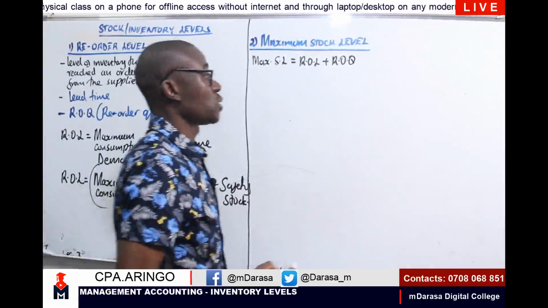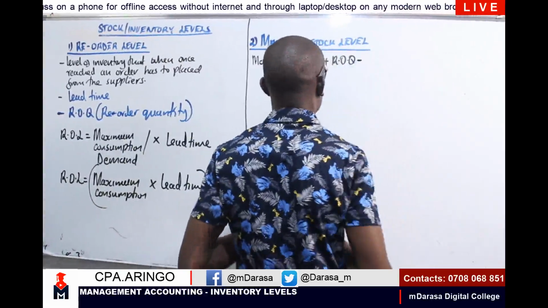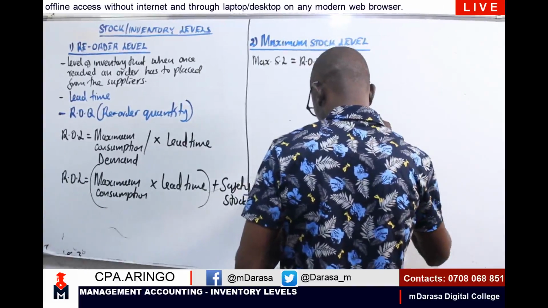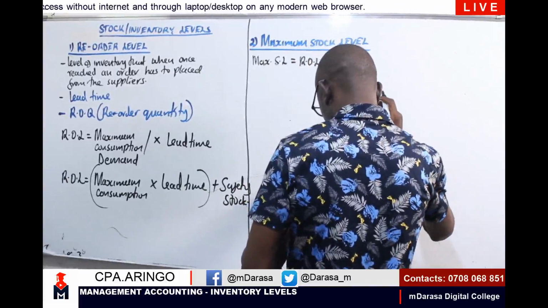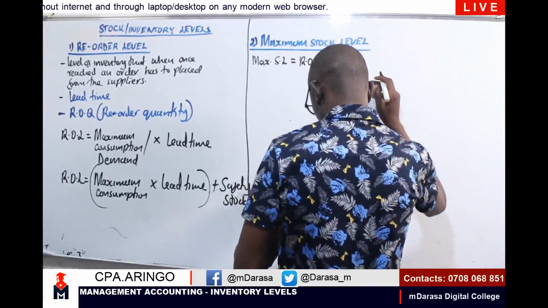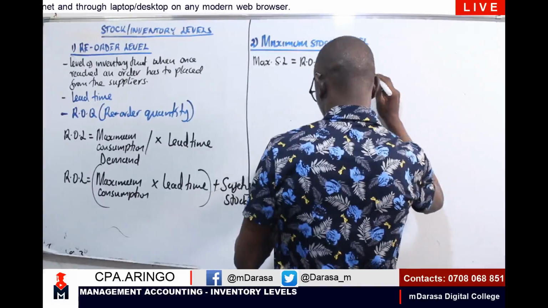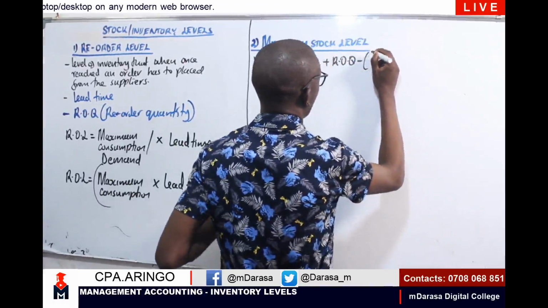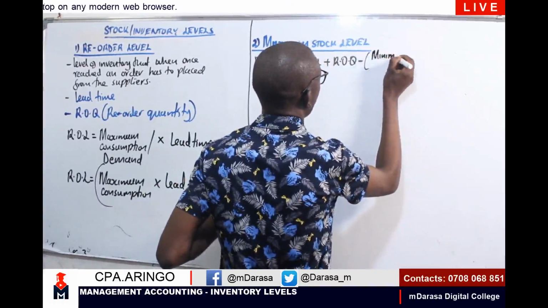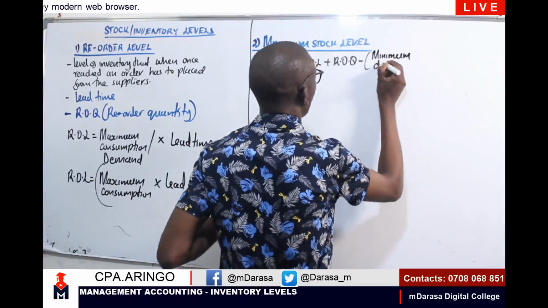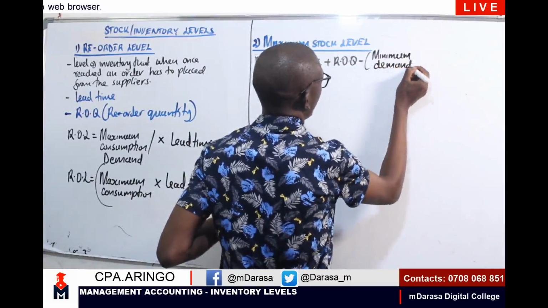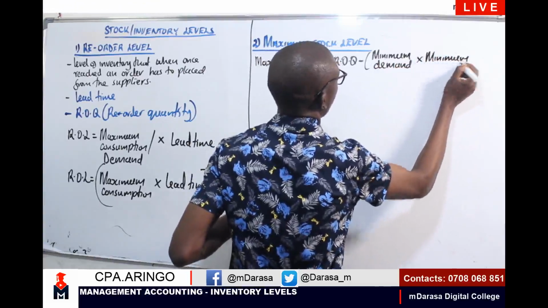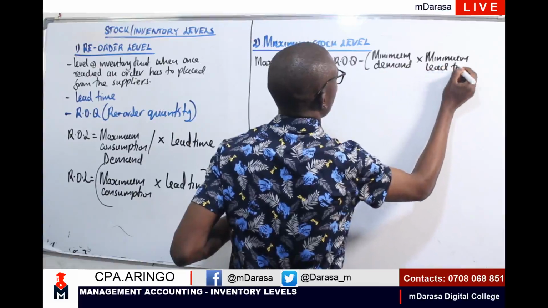Then in this case, we are going to deduct what we normally refer to as minimum consumption: minus minimum demand or consumption times minimum lead time.